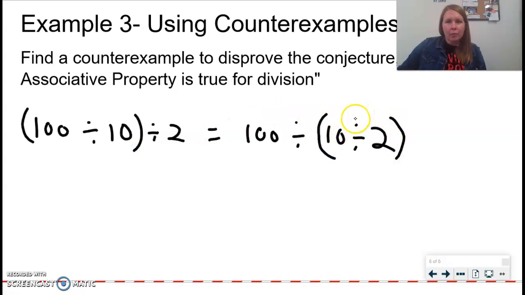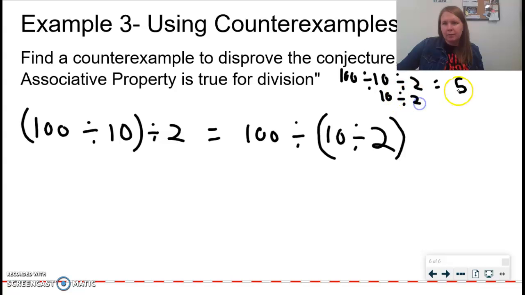Because I added parentheses, it changes my order of operations. When I originally just had 100 divided by 10 divided by 2, my solution was 5, because you go left to right: 100 divided by 10 is 10, 10 divided by 2 is 5. In this case, I have to follow my order of operations, which means I do my parentheses first.